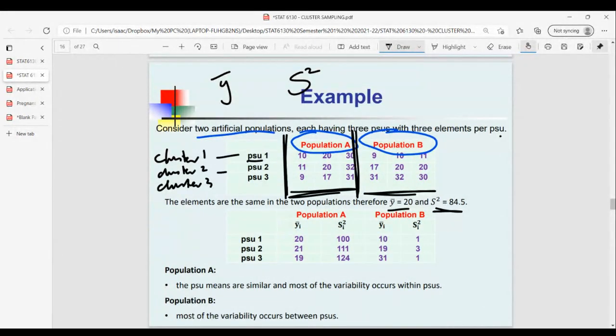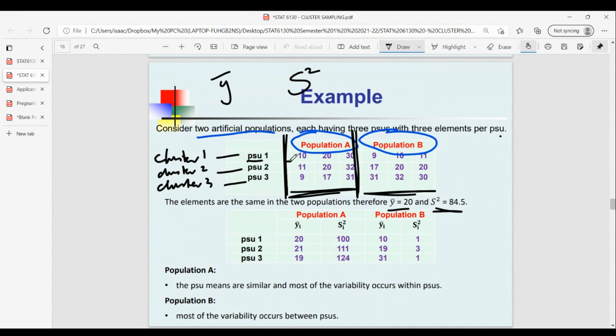Right? So cluster 1, cluster 2, and cluster 3. And I have these two populations A and B. What I'm working out now is the means for each cluster.